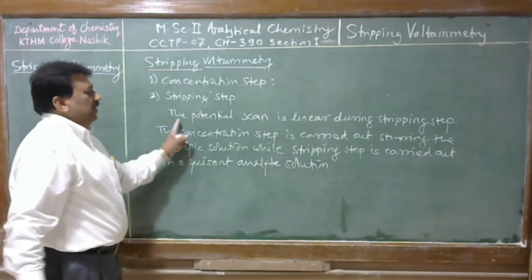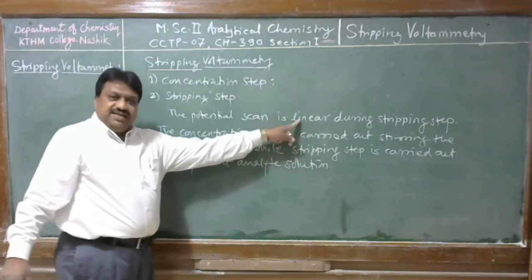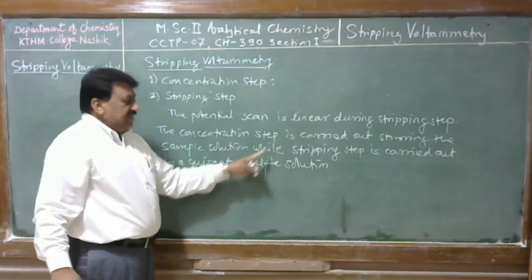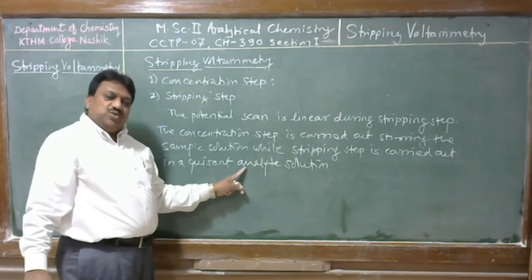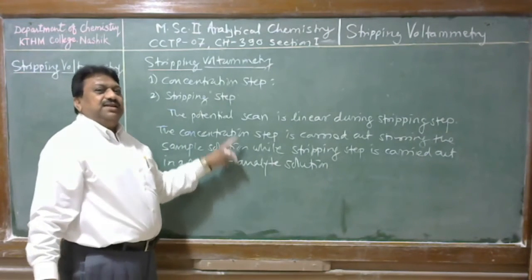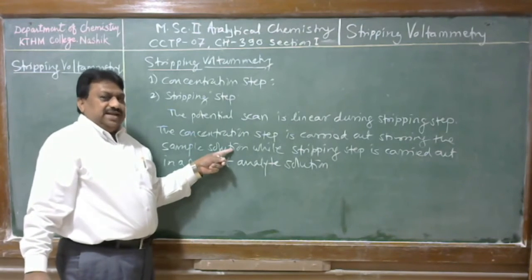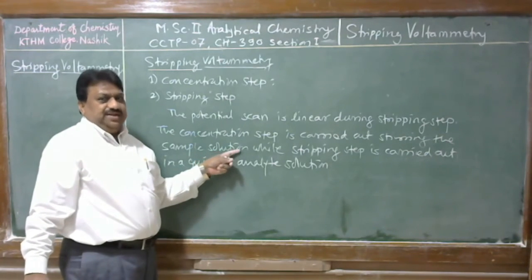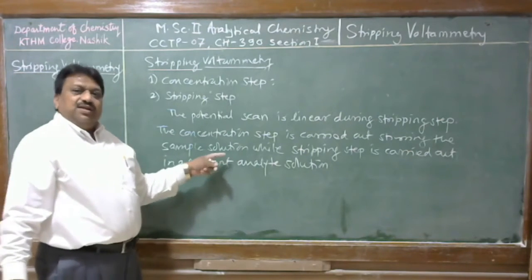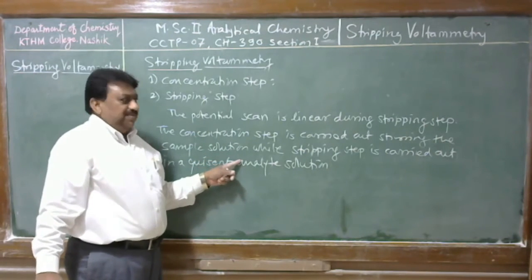Therefore, here potential scan is linear. Stripping is carried out in a quiescent analyte solution. That is nothing but it is similar to a polarographic analysis, linear scan voltammetry. Therefore, it is one type of linear scan voltammetry.